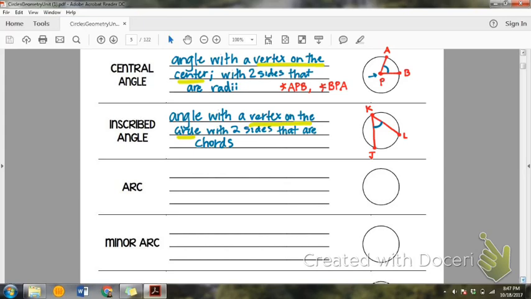It is inscribed on the circle. Notice again the vertex is here on the circle, whereas the vertex in the central angle is in the center. And so I would say that this is angle JKL, or we could say angle LKJ.